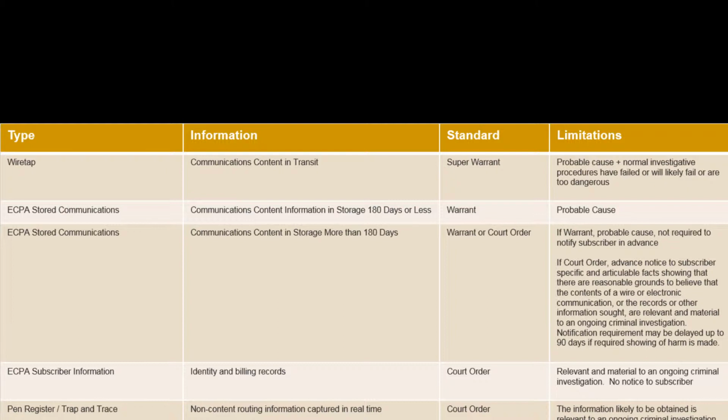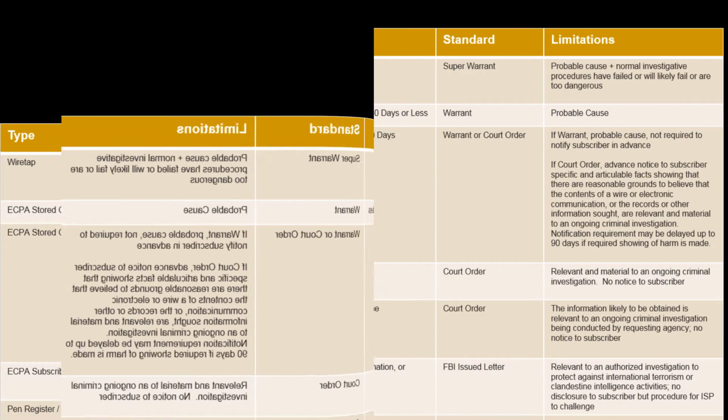So there's some recognition by Congress in the Wiretap Statute that intercepting communications in transit is even more serious than other kinds of intrusions on privacy that would require an ordinary warrant.